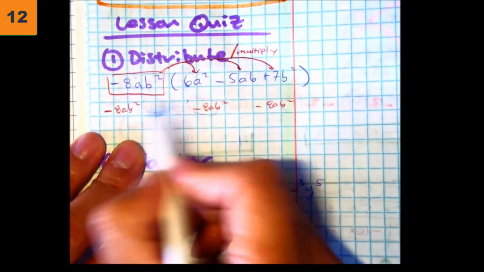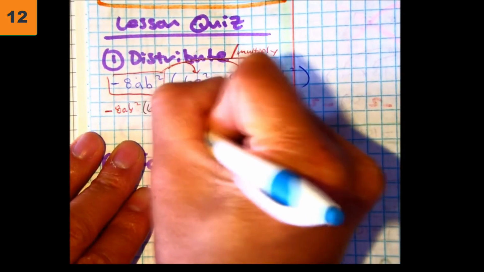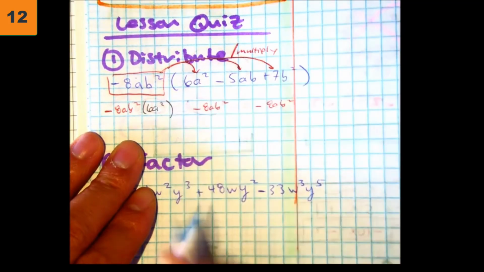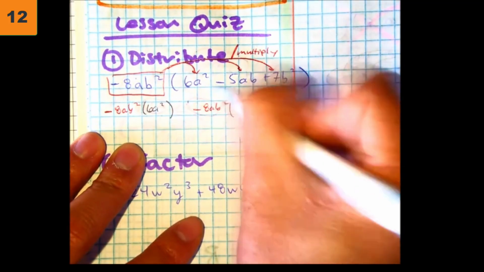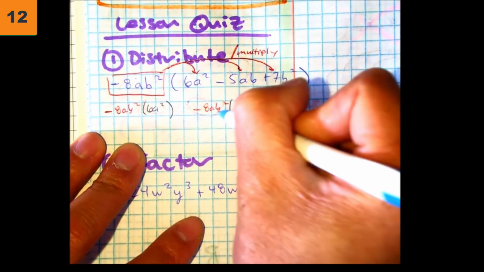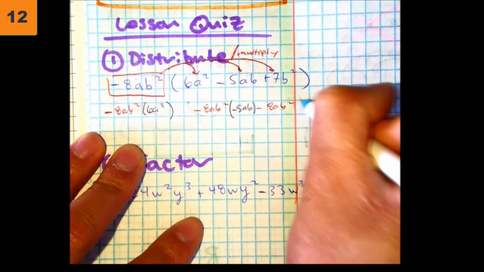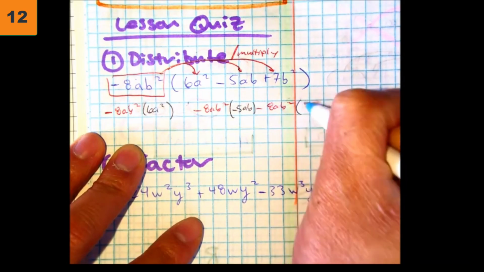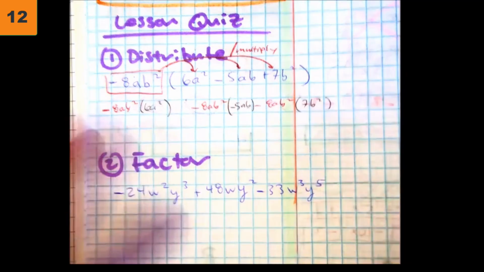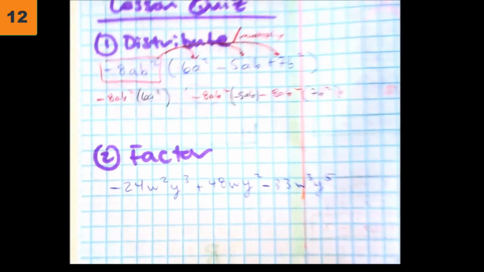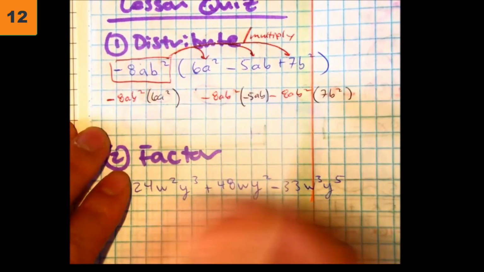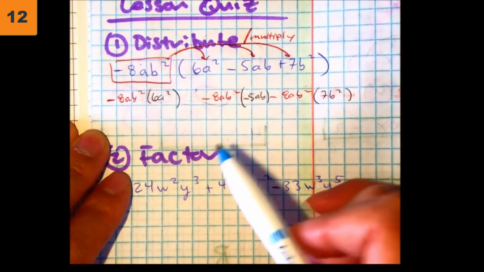And then you have these here, 6a squared times negative 8ab squared, times negative 5b, and negative 8ab squared times 7b squared. Now you don't have to do that step, but it's trying to visually show you what distributing is, right?